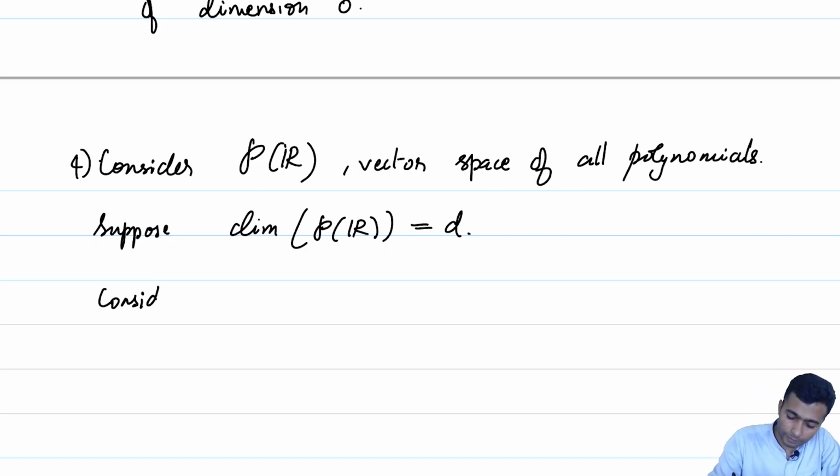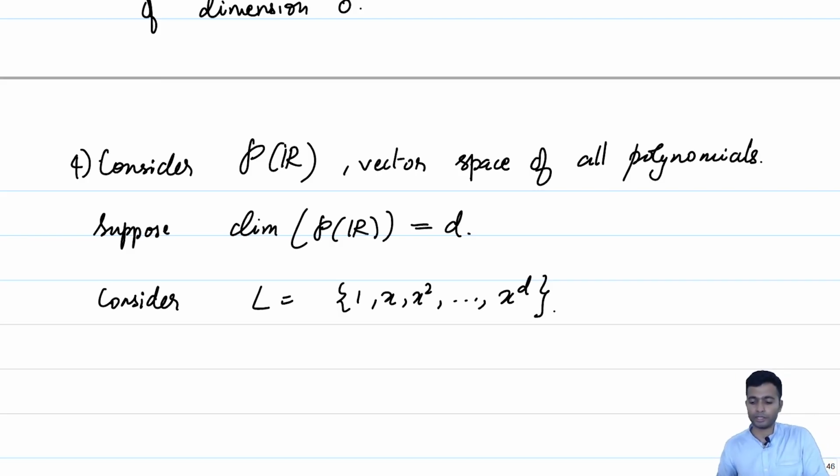Consider L to be equal to 1, x, x square up to x to the power D. By the corollary, the size of L, which is a linearly independent set, should be less than or equal to D, right?